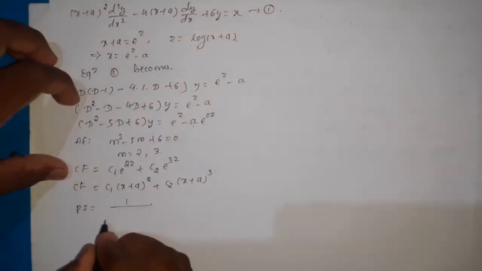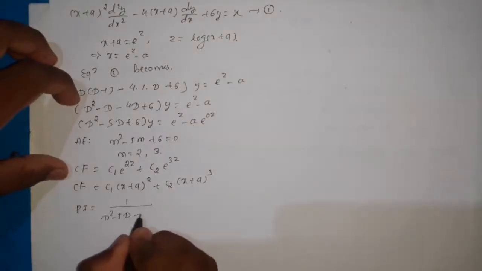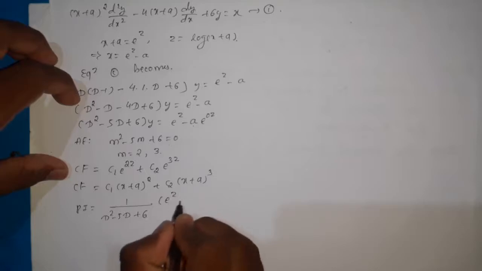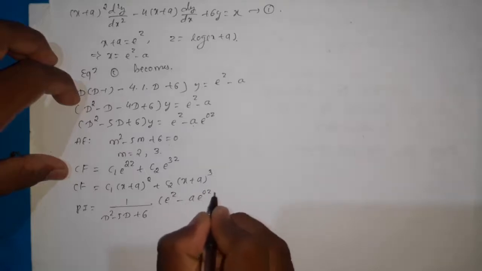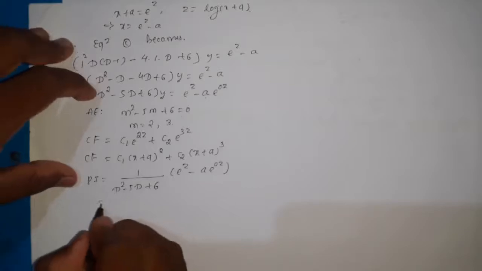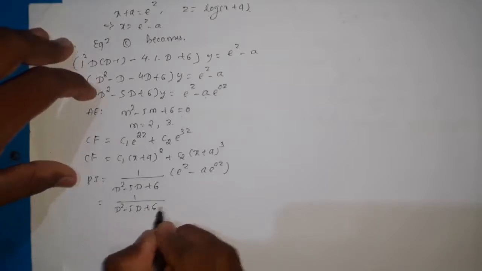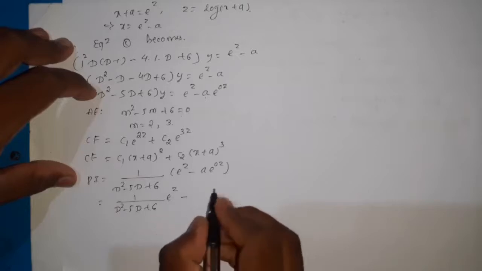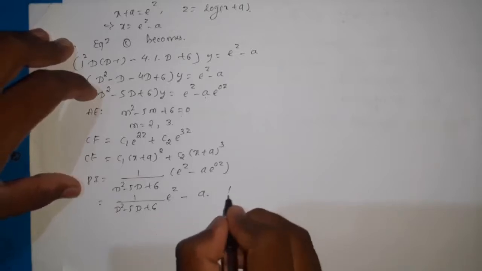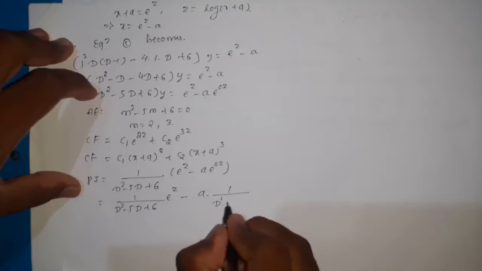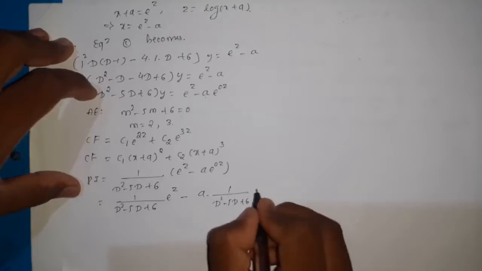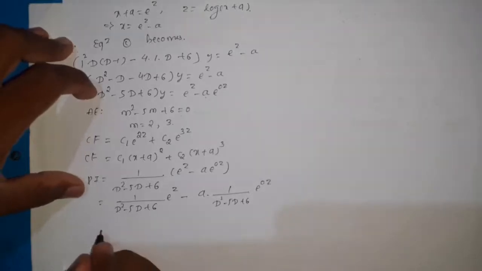1 divided by (d square minus 5d plus 6) e power z minus e power 0z. Then 1 divided by (d square minus 5d plus 6) e power z minus a into 1 divided by (d square minus 5d plus 6) e power 0z.